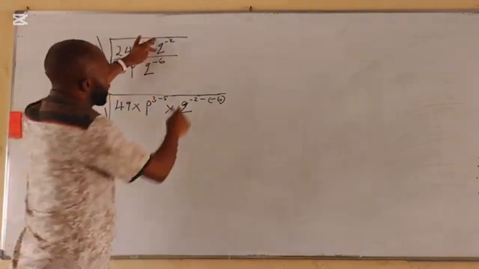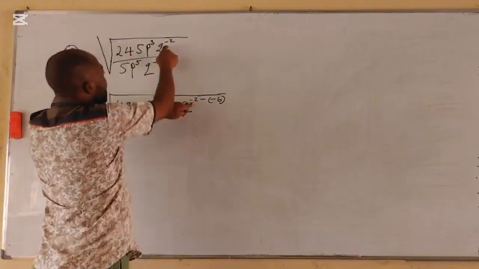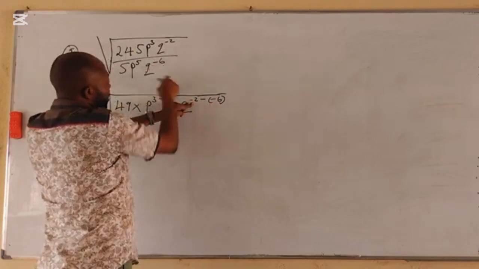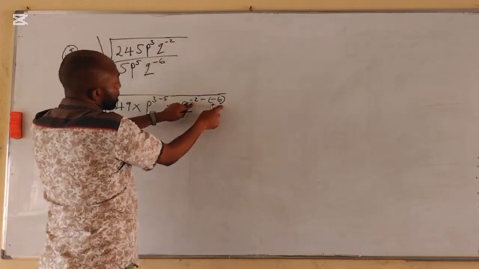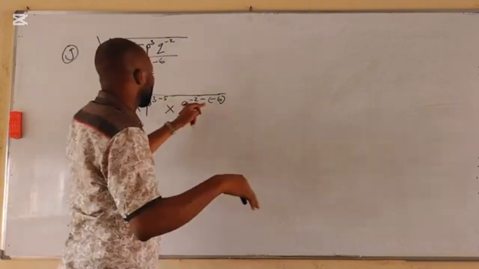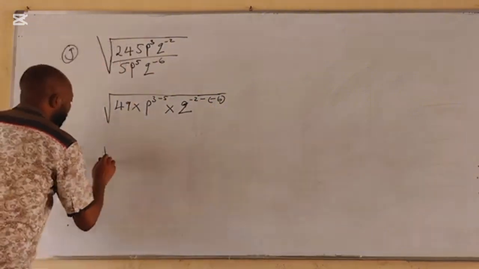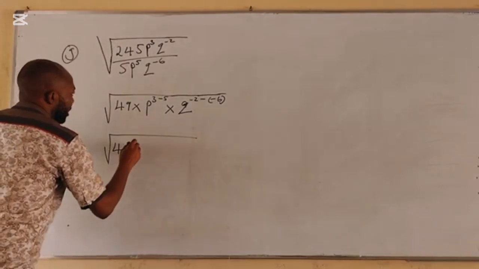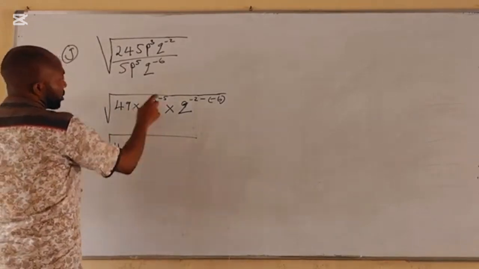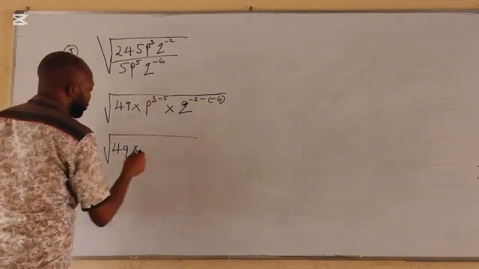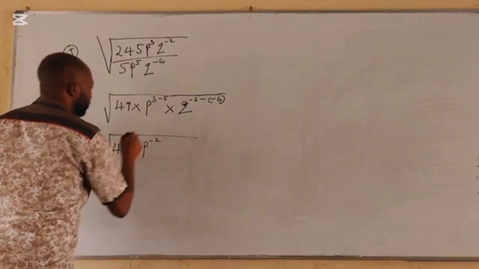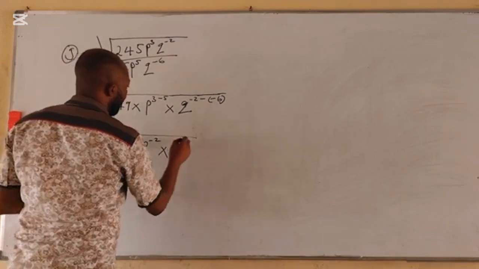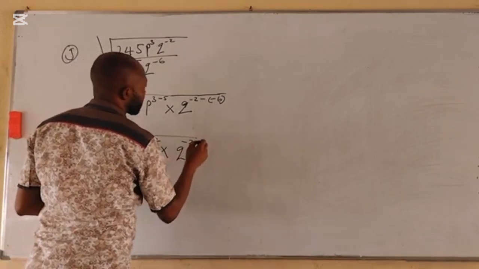This is q raised to the power minus 2. When numbers with equal bases are divided, their powers are subtracted. The power here is minus 6, so there will be a minus before this minus 6. Since we should subtract, this comes into play. So I go on. This is my 49 times p. 3 minus 5 is minus 2. So this is p raised to the power minus 2 times q raised to the power minus 2 plus 6.